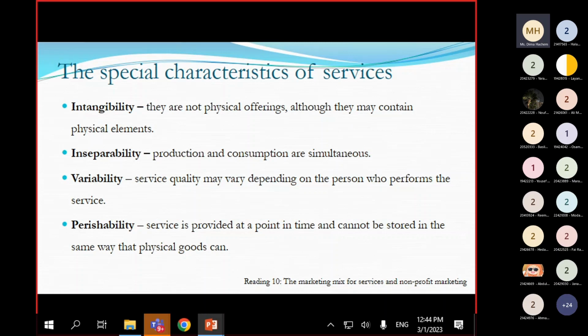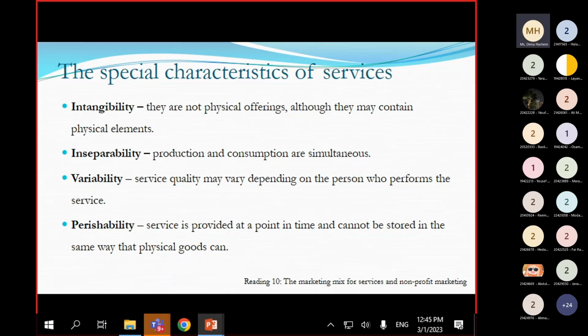A movie theater ticket is a service. You go to Disneyland, this is a service. Yes, you have the ticket that is a tangible aspect of the service, but the ticket itself doesn't give you any service if you don't go there, right? So services are intangible. They are not physical offerings, although they may contain physical elements.